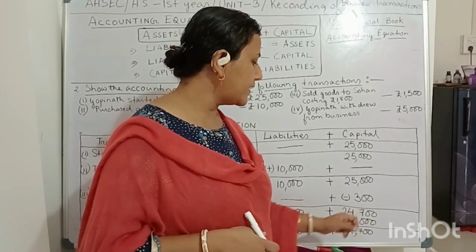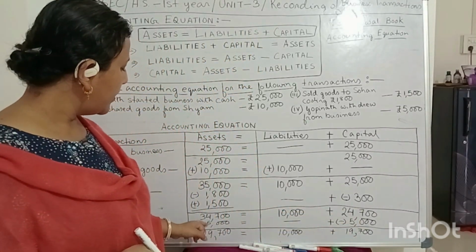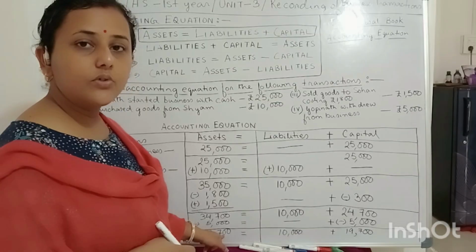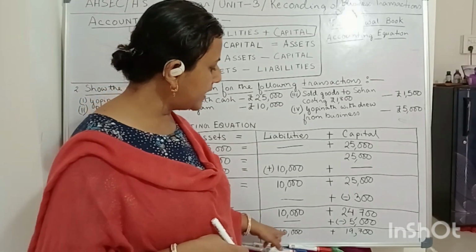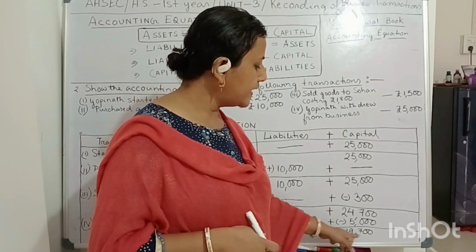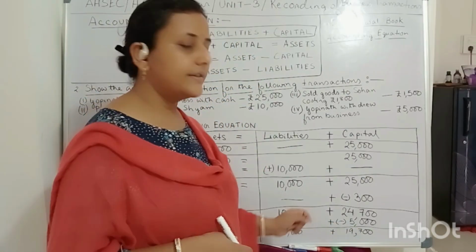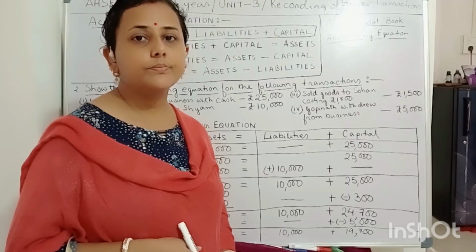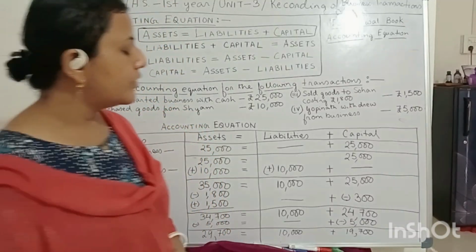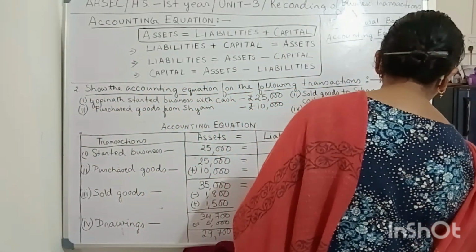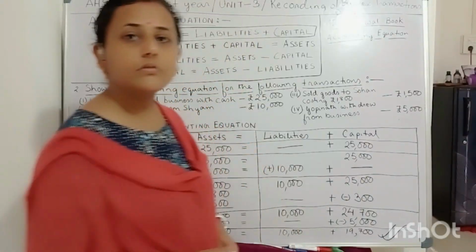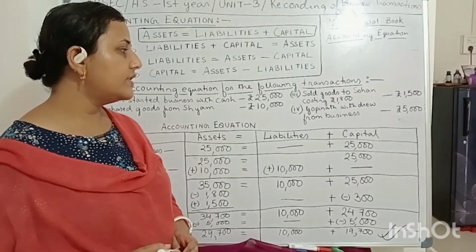Here also it is minus 5,000. So when you subtract, you will get 29,700. On the other side, when you subtract, you will get 19,700 for capital. You see both the left hand side and the right hand side are equal. That means your accounting equation is correct.